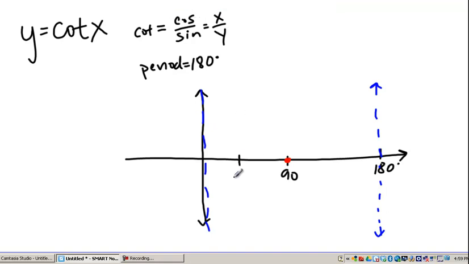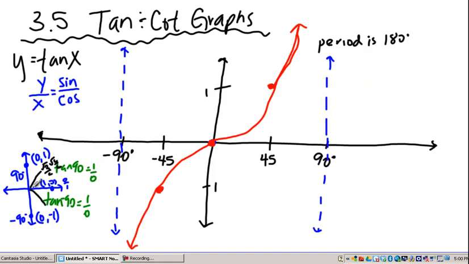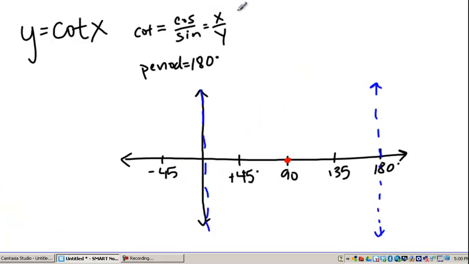Again, other critical points are positive 45 and 135. And you know it repeats going to the left. I'm just showing you one period between 0 and 180. So if we're looking at 45 degrees, cotangent is my x value over my y value, which would still give me 1. So right there.